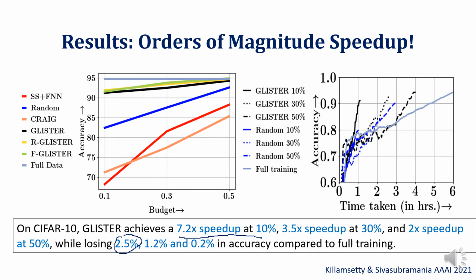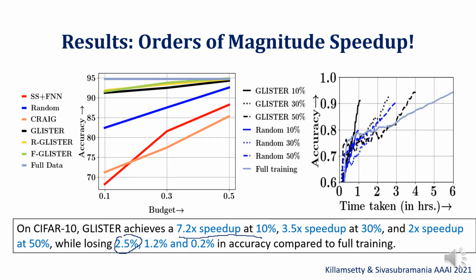We also have some interesting results with Glister when we use the validation data for generalization. So we basically see that Glister achieves a 7.2x speed up at just 10% data subset, 3.5x speed up at 30% and 2x speed up at 50%.